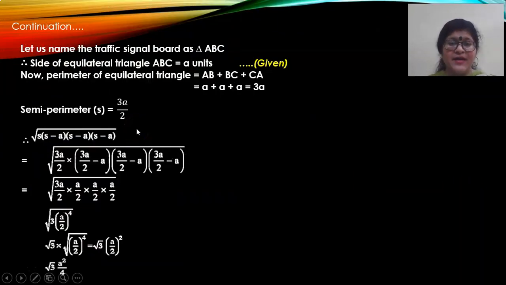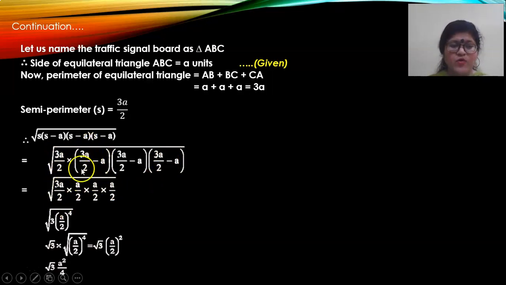In this slide, I am deriving the area of an equilateral triangle by using Heron's formula. This is the Heron's formula. So s is 3a upon 2. s minus a is 3a upon 2 minus a. Same thing you're repeating here and here. Now 3a by 2, write it as it is.